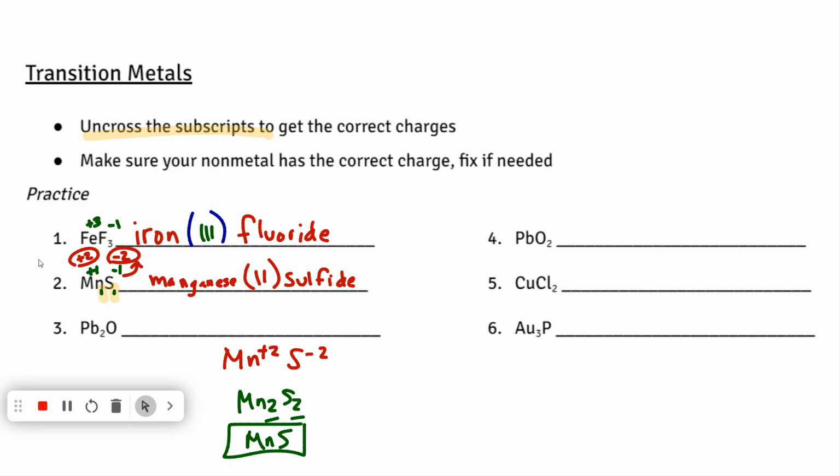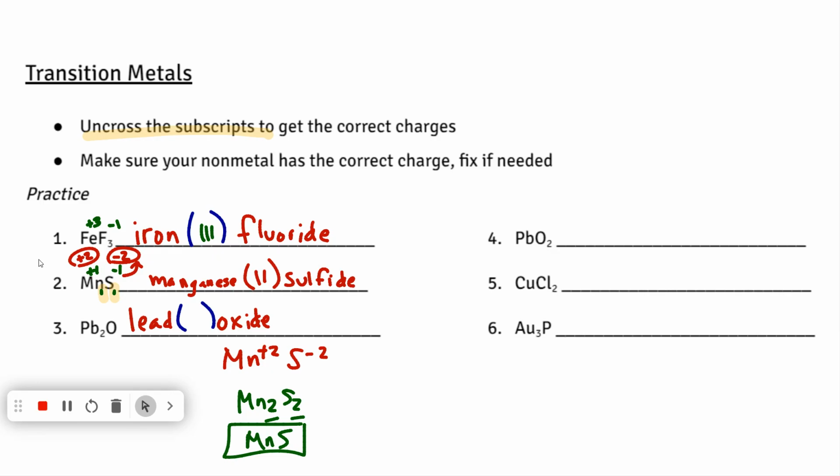We can't just uncross the number that's going to go on to our metal. We have to uncross the non-metal too to double check if uncrossing has worked or if we need to do any multiplying there. So we look at this next one. Our root name, the normal name without a Roman numeral for Pb and O together, would be lead oxide. But lead is a transition metal, so we need to find its charge.